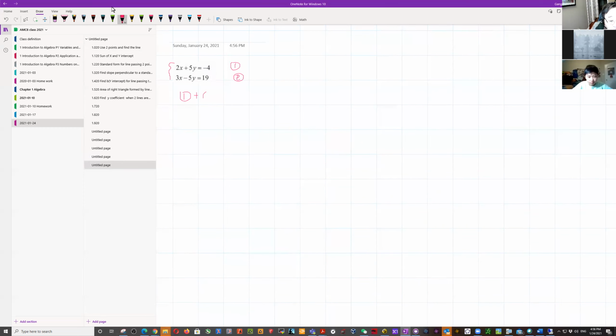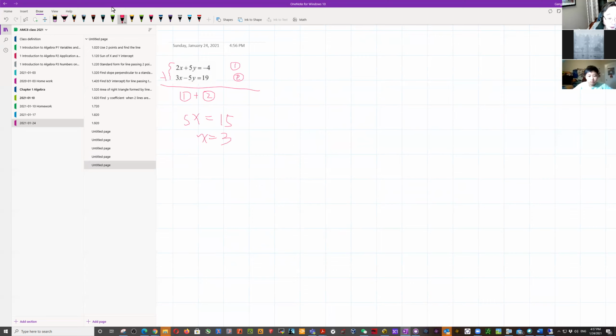So 1 plus 2, you can add it this way. The added result is going to be 5x, and the y is going to cancel out, so 0y, and equal to 15, and x is going to equal 3.